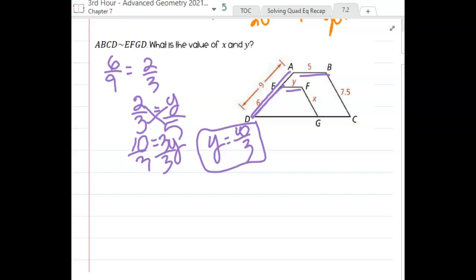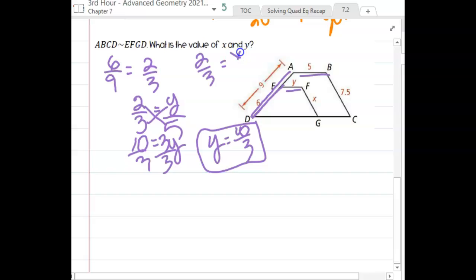Okay, now I also need to solve for x. So we're going to go back. We need that scale factor again, that 2/3. Remember, we're doing smaller to larger, so I need a ratio using x. What would it look like on the right-hand side? Smaller to larger, x to 7.5.